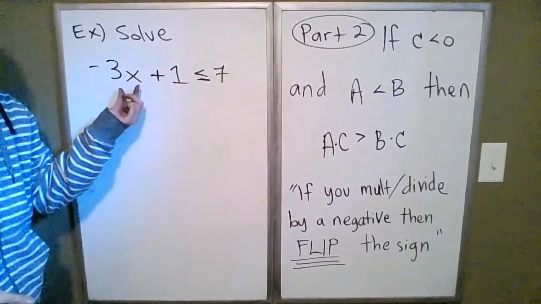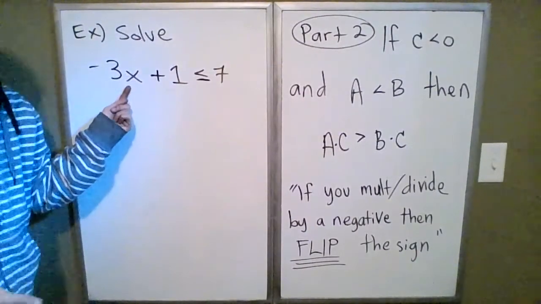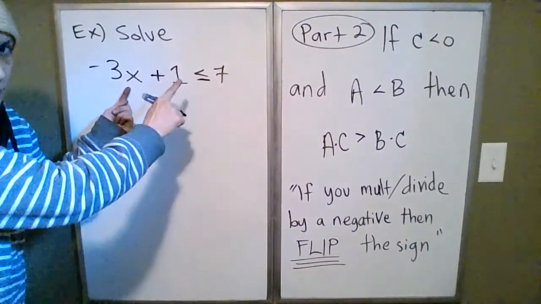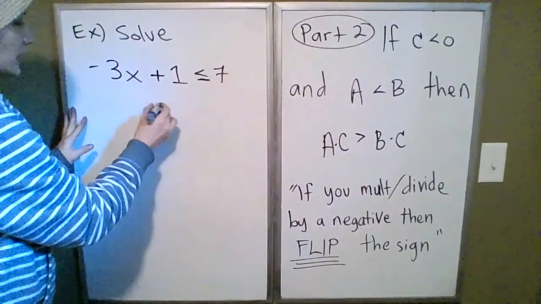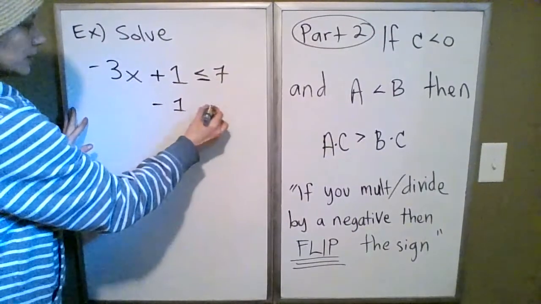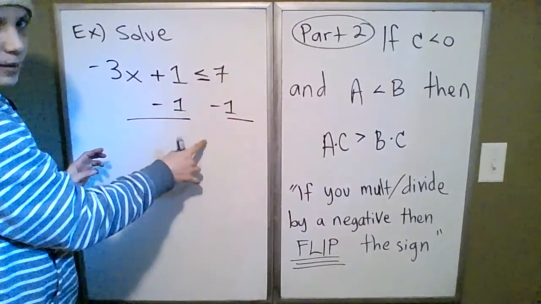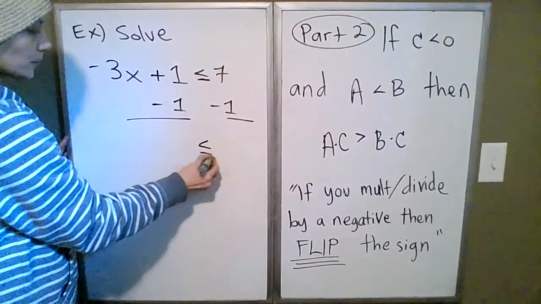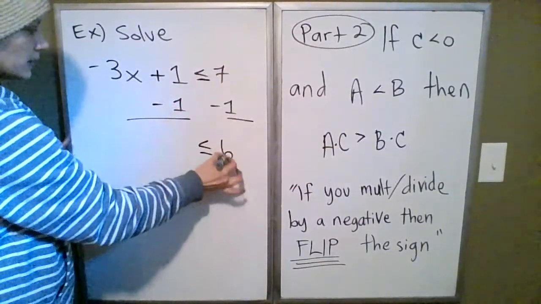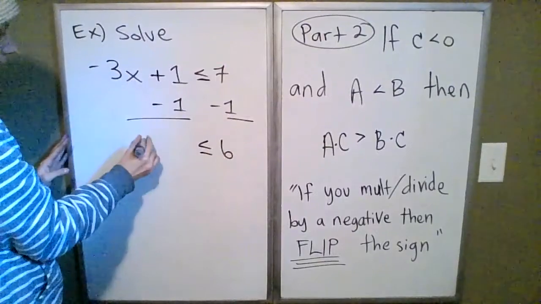Okay, so you want to start to isolate x, and then use the first property, subtract 1 from each side. It's one way to start. For this property, you just copy down the symbol. This would be a 6. And here is negative 3x.